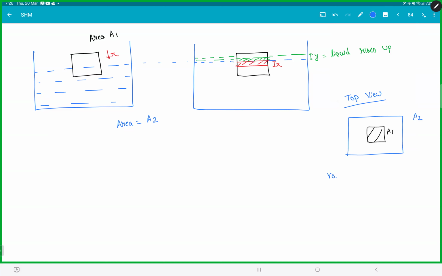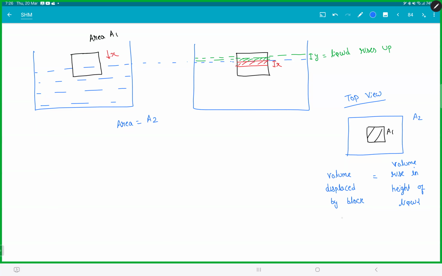So volume displaced by the block is equal to volume raised by the liquid inside. Or you can say rise in height of liquid. Not even the right words, but okay.